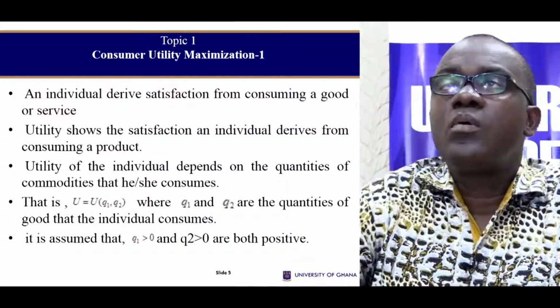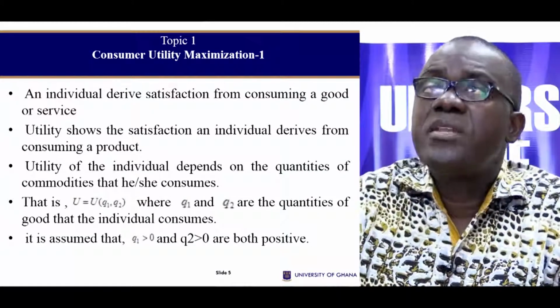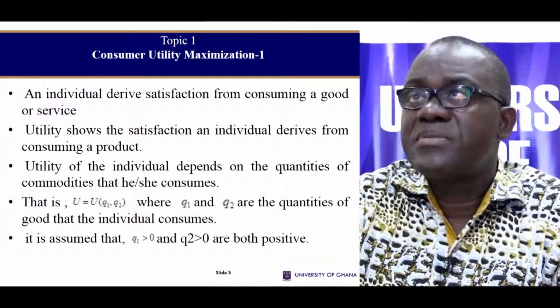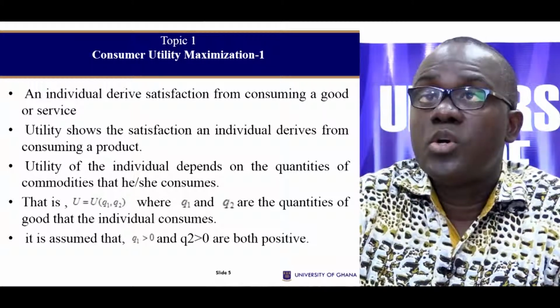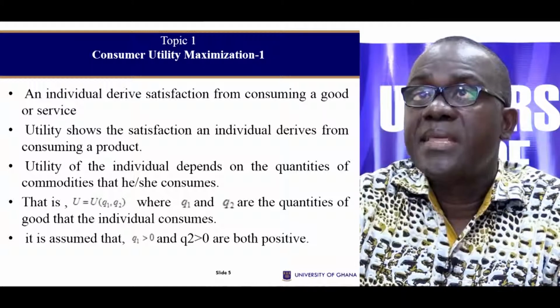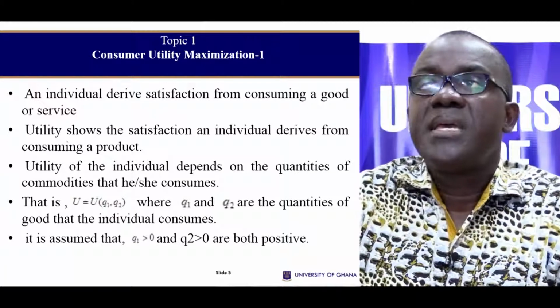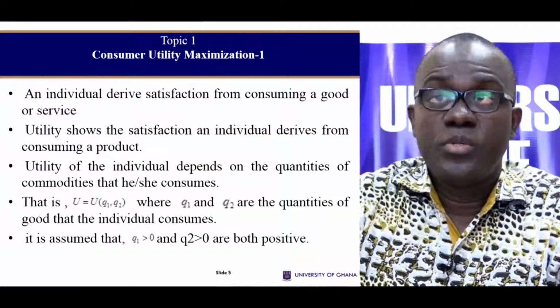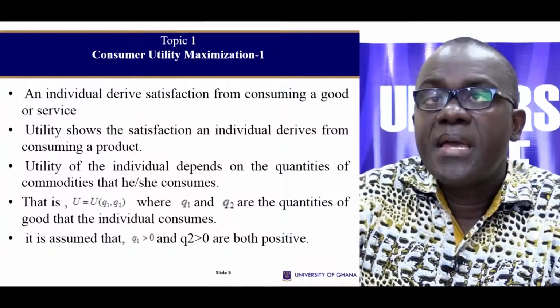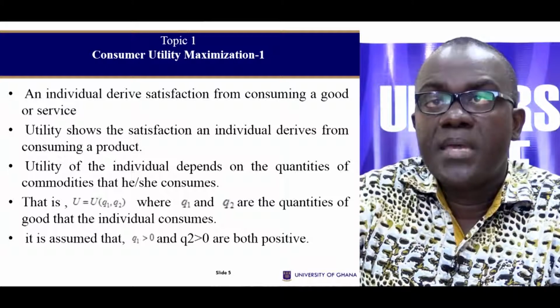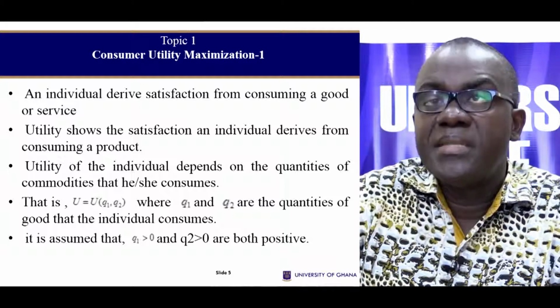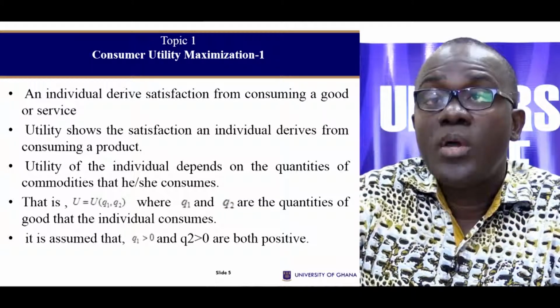Now, every individual tends to derive satisfaction from whatever he or she consumes, right? And this satisfaction or utility is derived from whatever we do. Now, assuming we consume only two goods, Q1, Q2, there is a utility that we obtain from consuming these two goods, okay?